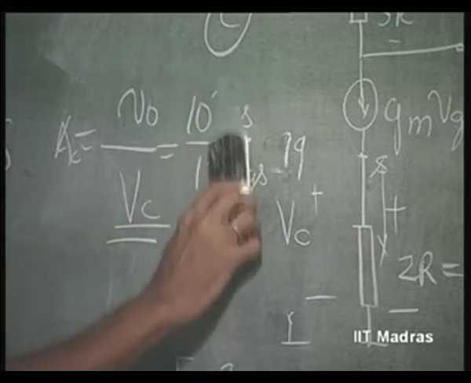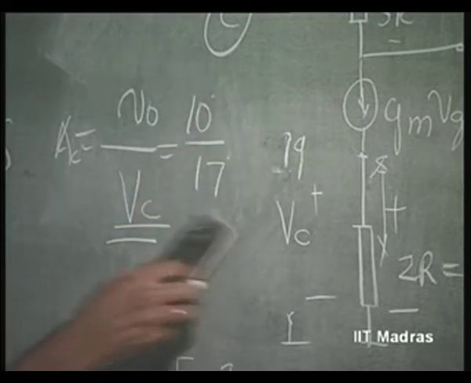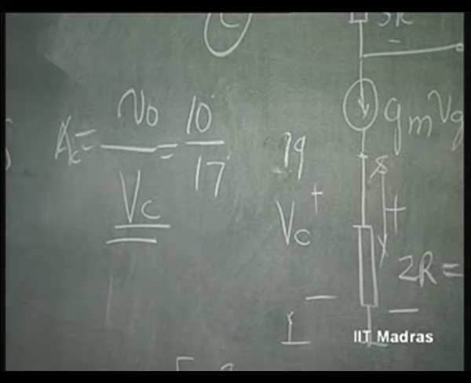So, you can see that the common mode gain is 10 by 17.